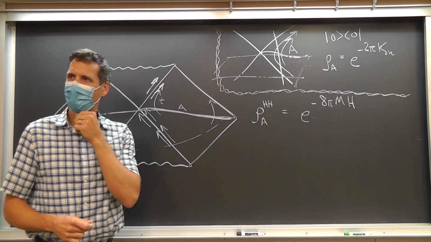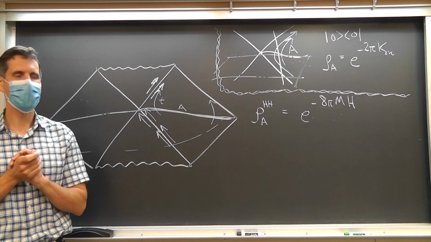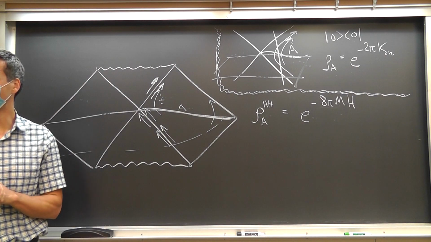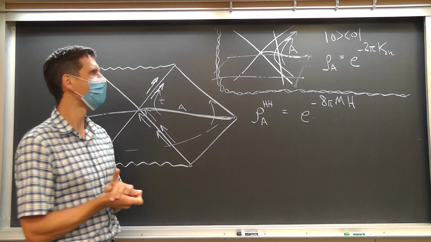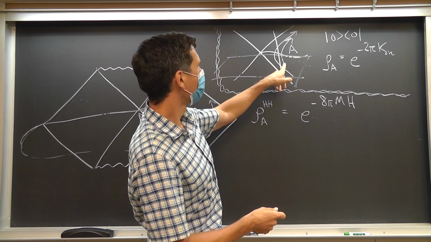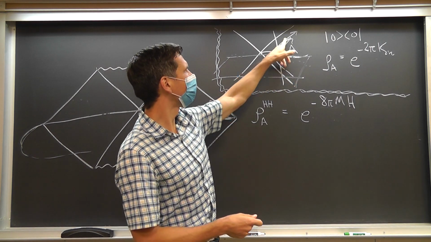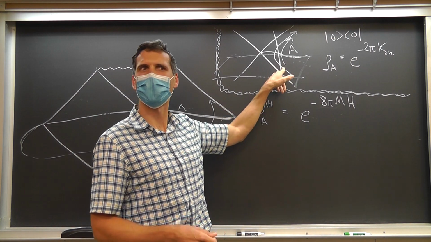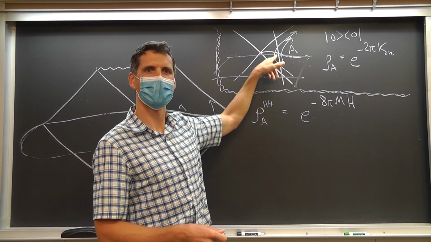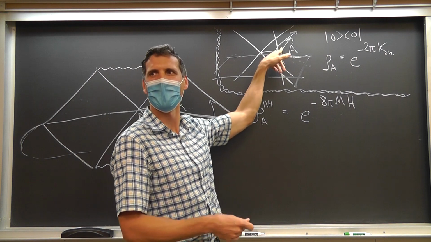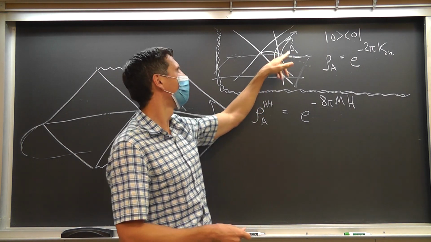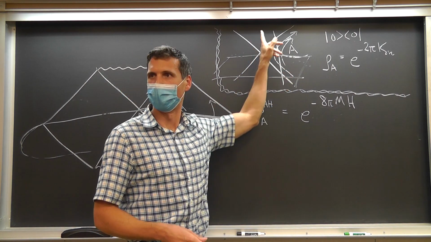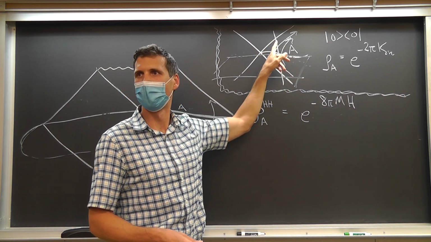The explanation is funny. I think this might be discussed in some of the notes that I linked to, but I don't remember. When this accelerating observer thinks that they absorbed a quanta from the field, a particle from the field here, the inertial observer thinks they radiated into the field.